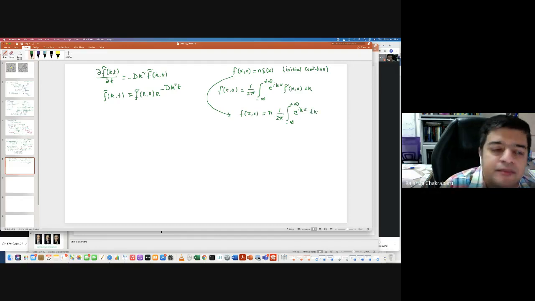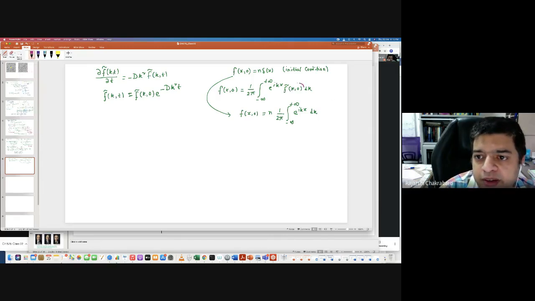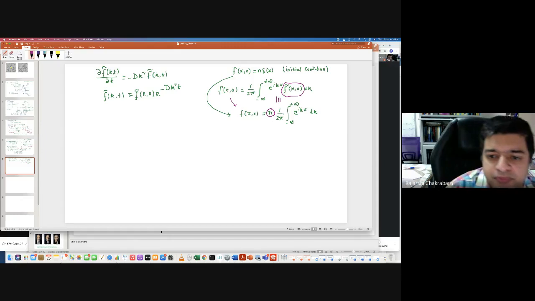Now what does it tell? Again the same comparison. You see that this quantity, f tilde (k,0), is equal to N, isn't it? Because they are equal. It gives you f tilde (k,0) is equal to N.